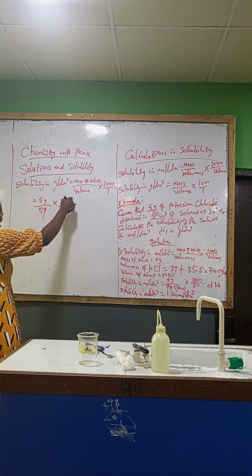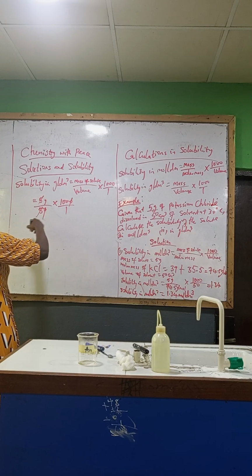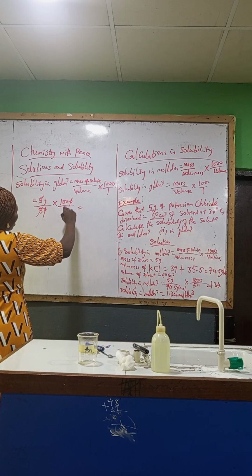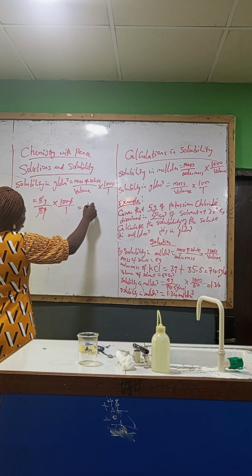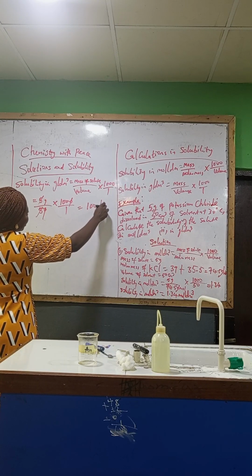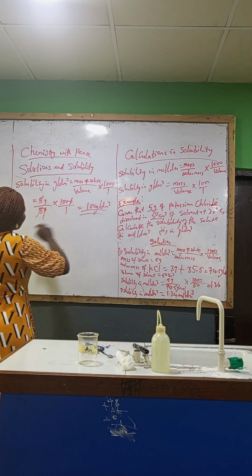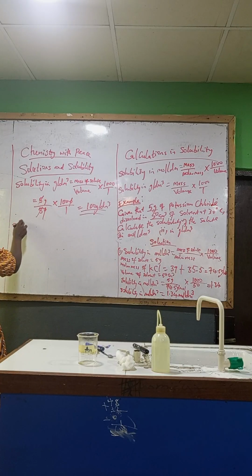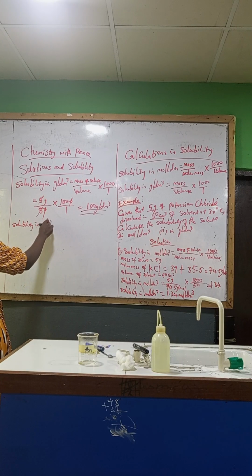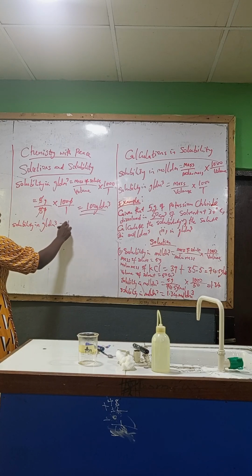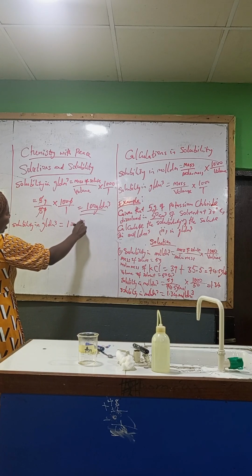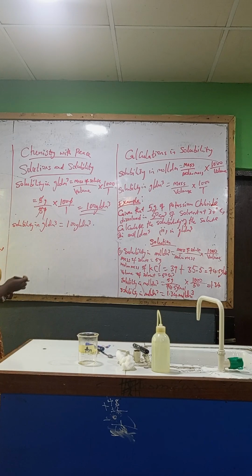So this cancels this. So we just got 100 gram per dm cube. That is to say that solubility in gram per dm cube is equal to 100 gram per dm cube.